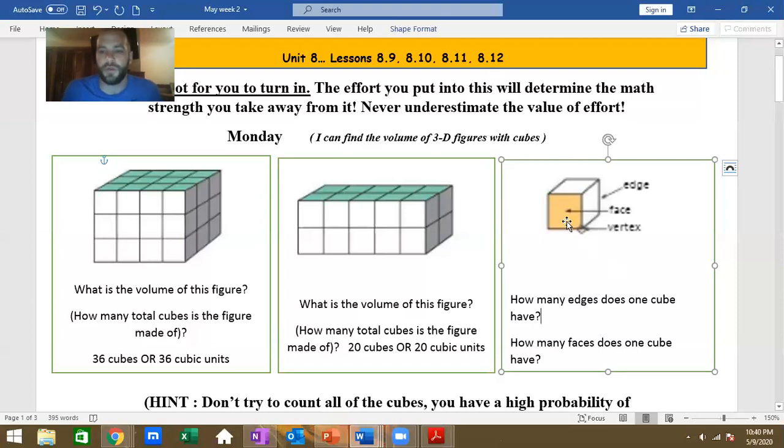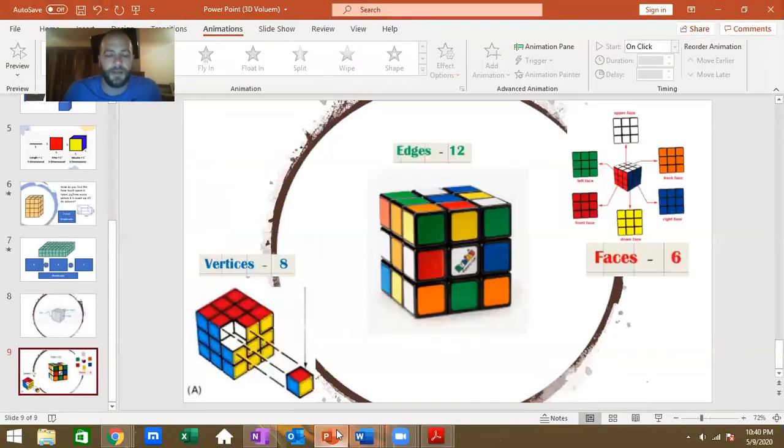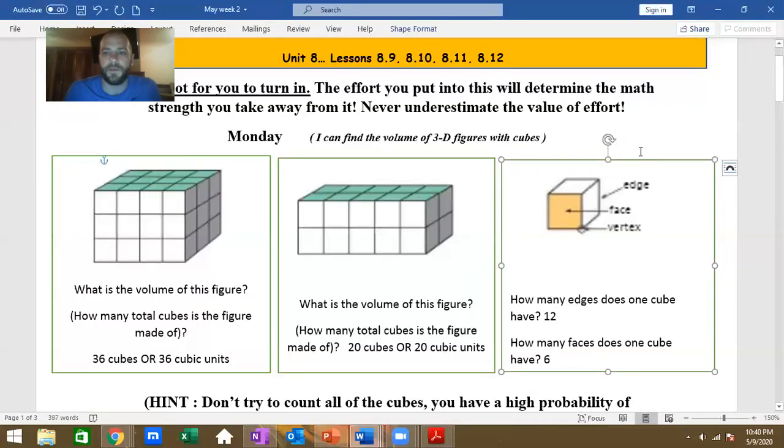There's 1, 2, 3, 4, 5, 6, 7, 8, which is not even a question. So 6 faces, 12 edges.